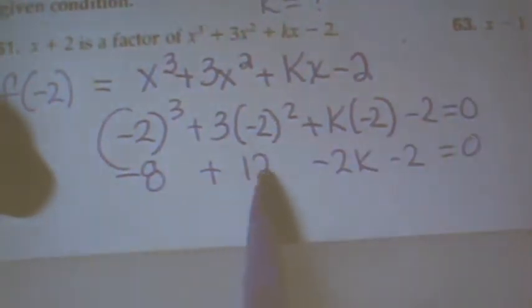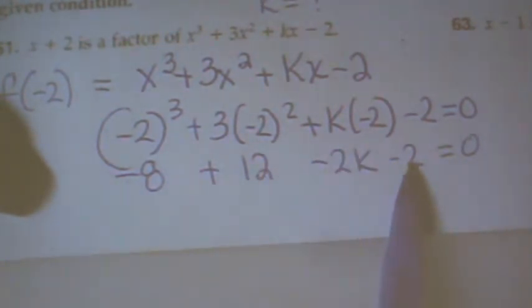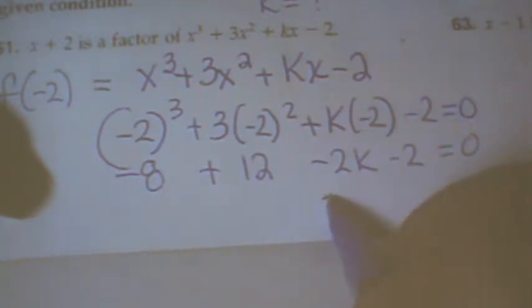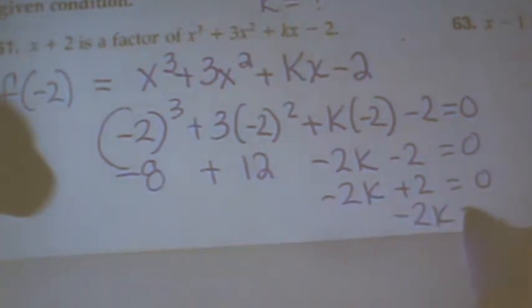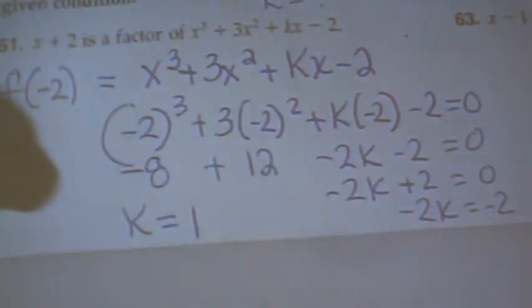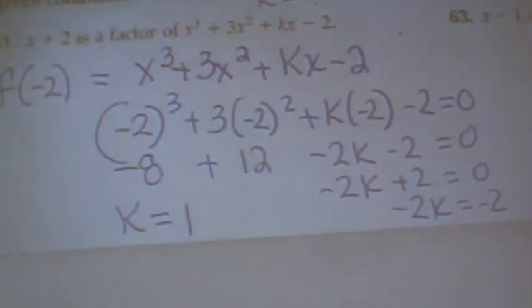But you combine like terms, this gives you 4, and 4 minus 2 is 2, right? And then you flip to the other side. Negative 2k equals negative 2. What's k? K is equal to 1. And we're done. That's it.